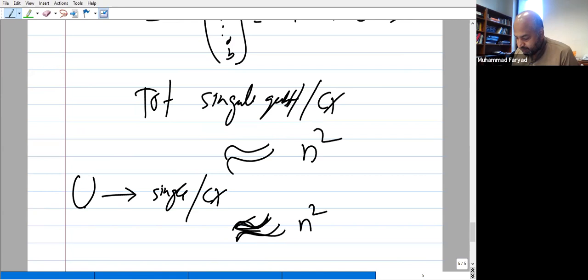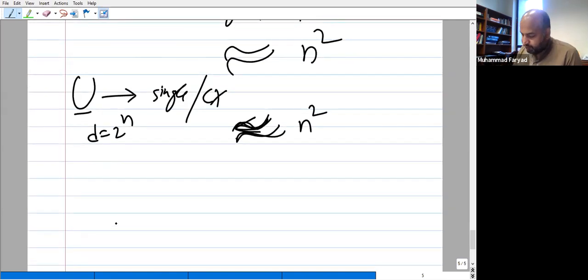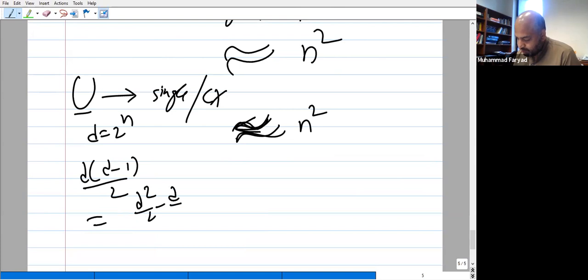And for how many gates did we need to break it down to this one? D square, and D was 2 power n. So actually, if I do exactly, it was D into D minus 1 over 2, and this was D square over 2 minus D over 2.